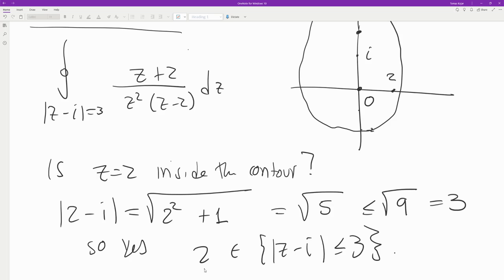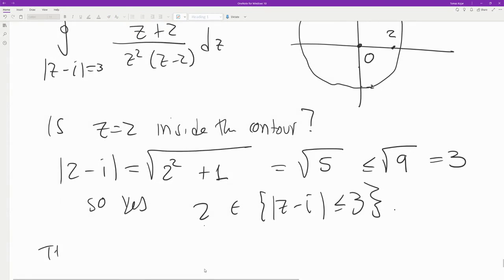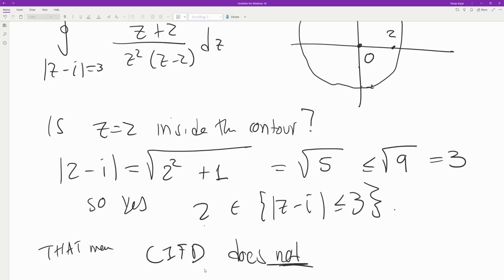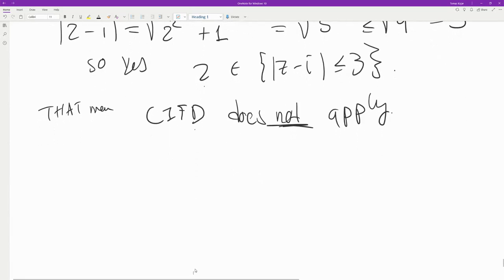Okay? All right. That means the Cauchy integral formula does not apply. So please do not try it. We have to bring it into that form by partial fractions.